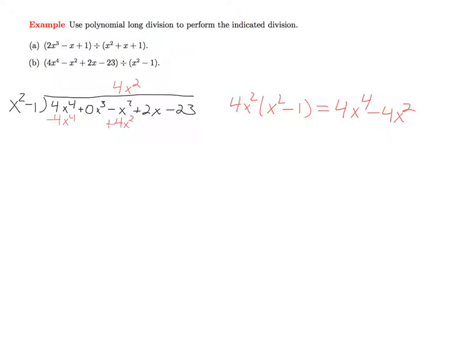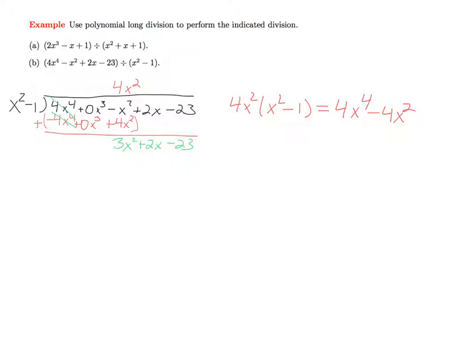We have a placeholder here as well for the x cubed term. Adding these together, we get a cancellation of the leading terms. We have no x cubed term, and this gives me 3x squared. Let's bring down all of the remaining terms.